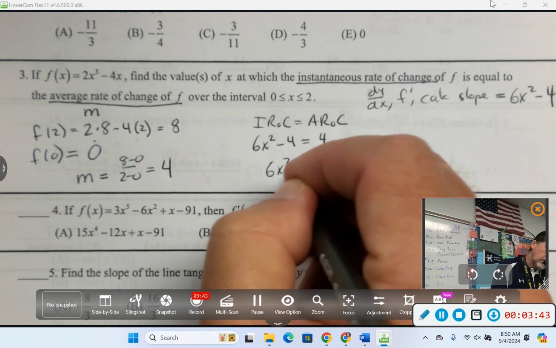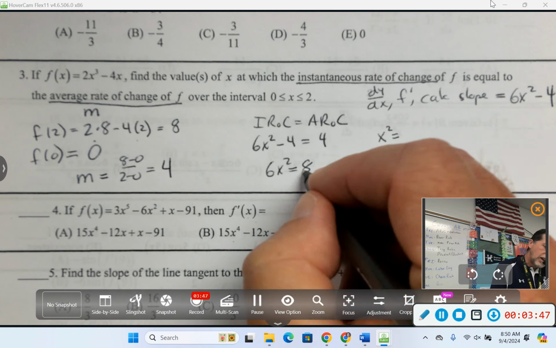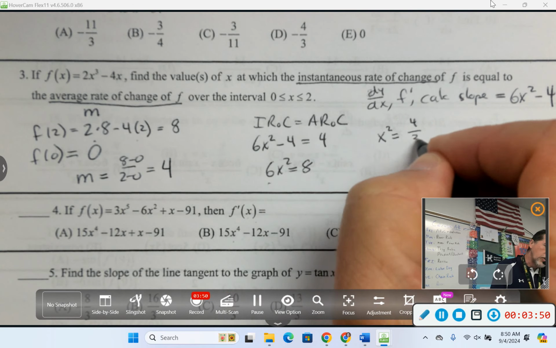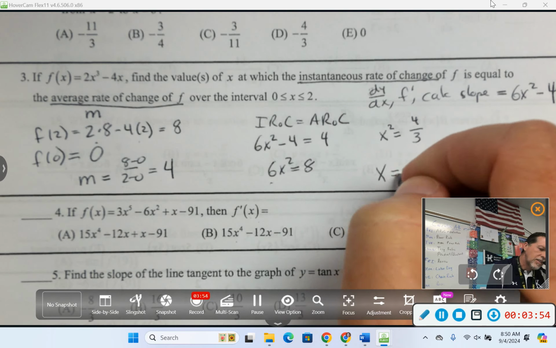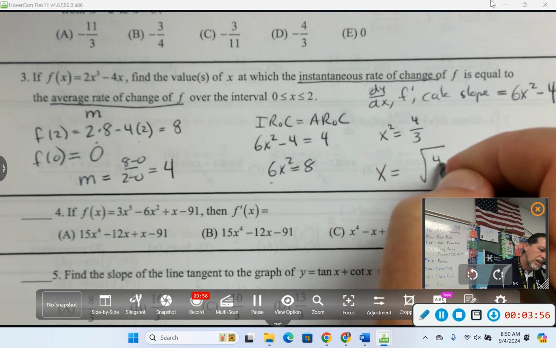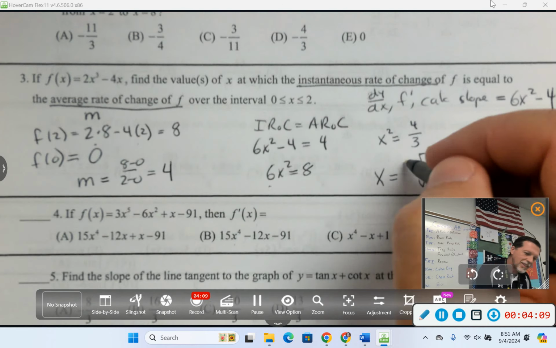So 6x squared equals 8. X squared equals 8 over 6, or 4 over 3. Square root both sides. And we don't have to simplify square roots. We don't have to fix square roots in the bottom. So I would leave that as my answer, except that plus or minus.